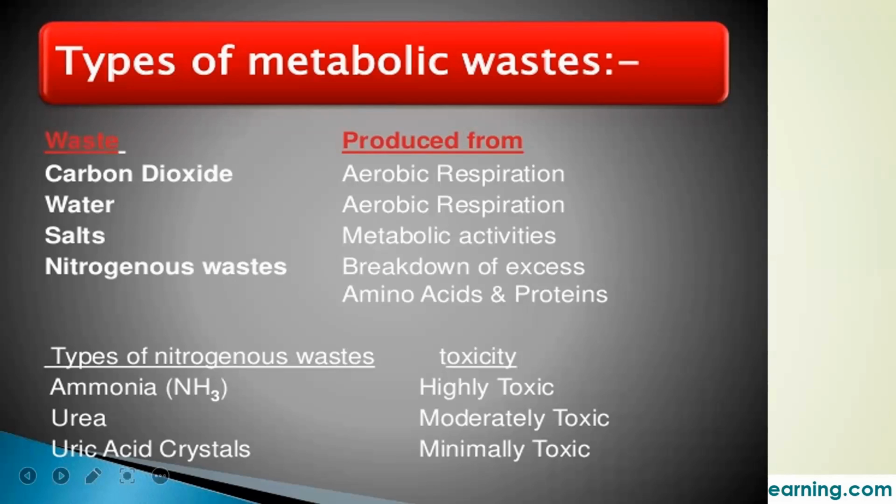Aerobic respiration means the respiration which proceeds in the presence of oxygen. Next one is water. That is also from aerobic respiration. During aerobic respiration, you will get water produced as a byproduct.